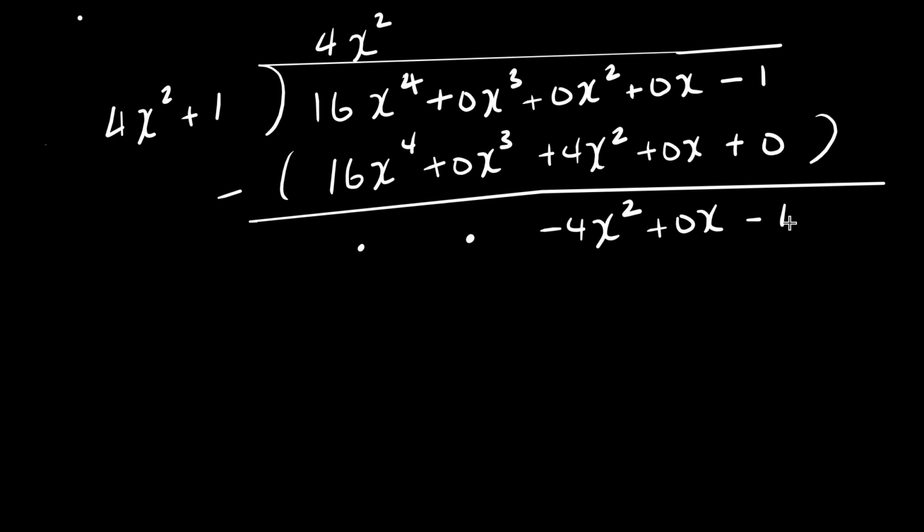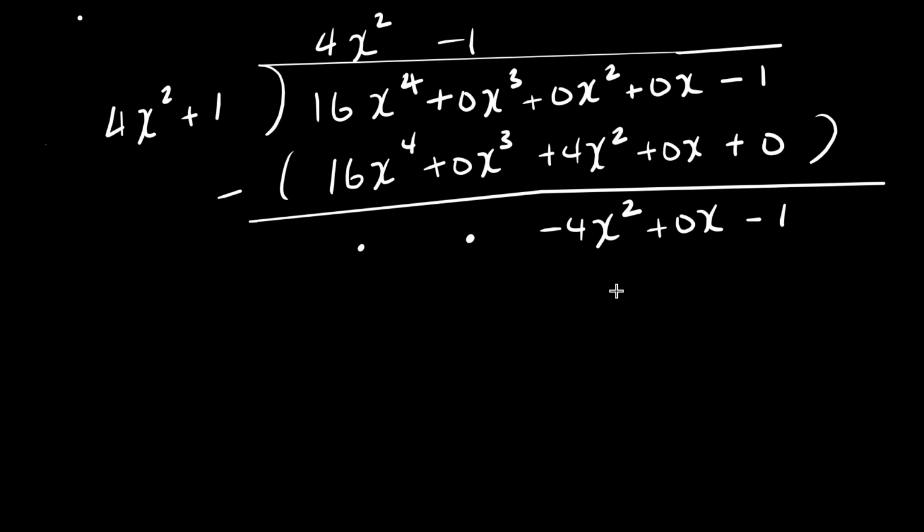We're almost there. Now, our new dividend is going to be -4x squared minus 1, and we're going to divide through that first term by our leading term here, which is 4x squared. So we get 4 into -4 giving us -1, and x squared into x squared also giving us 1.